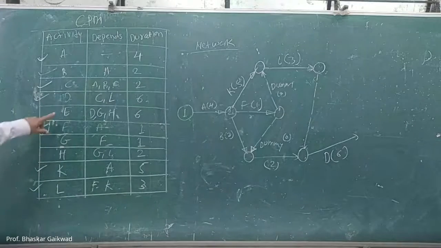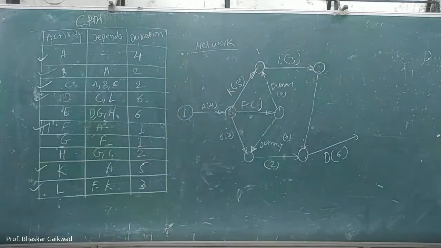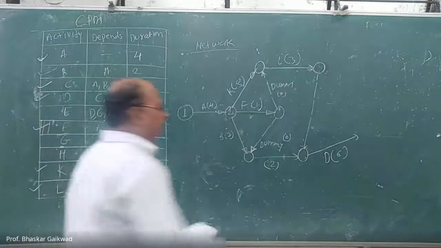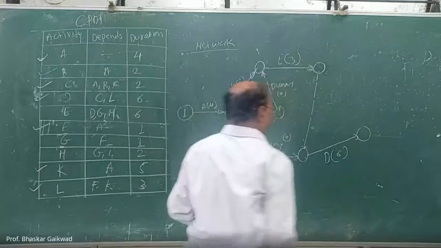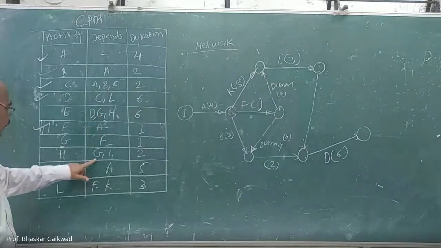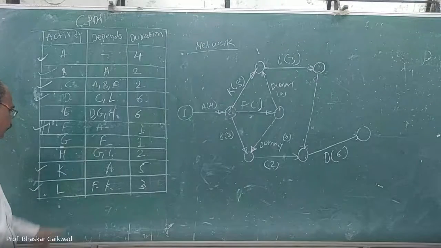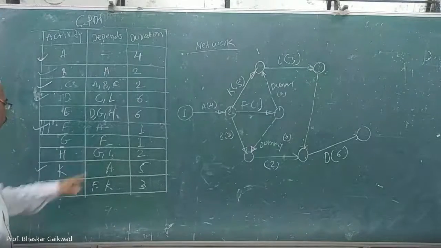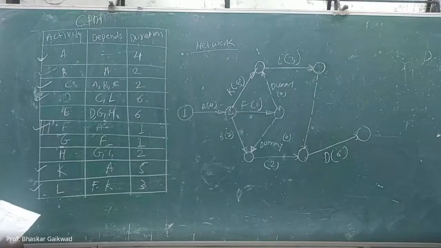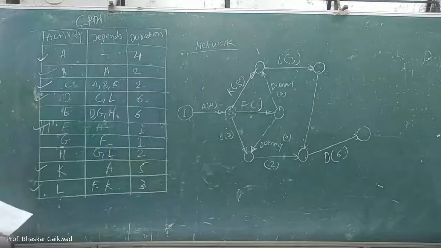Now E will start from D, G, H. D, where is the D? Might be here, D here. D is there. G, we don't know. Where is the G? G will start from H, G, L. Here is the L. This is the L. Correct.